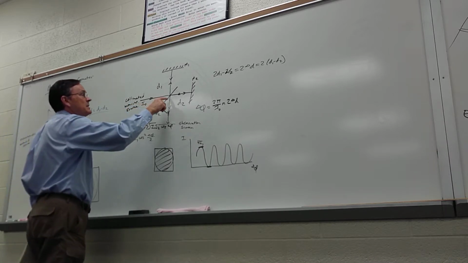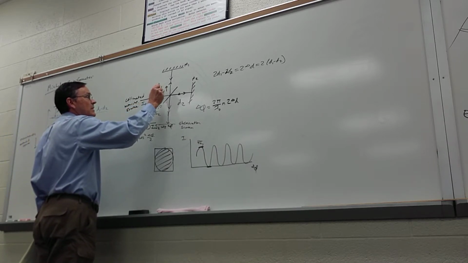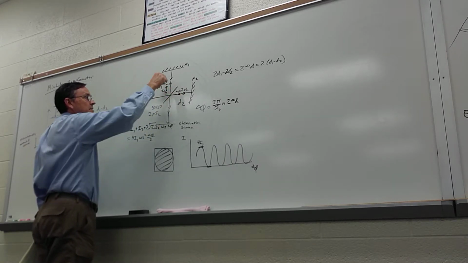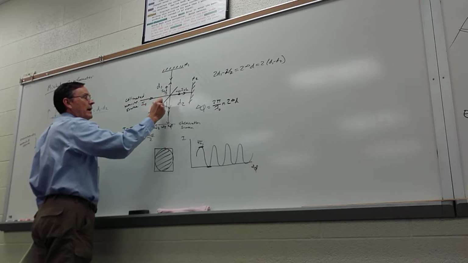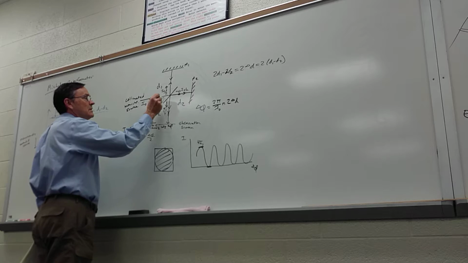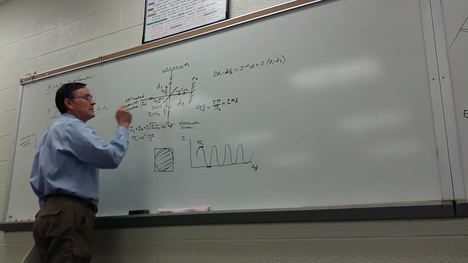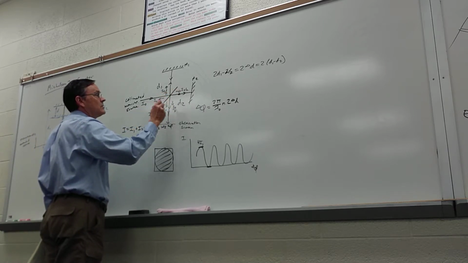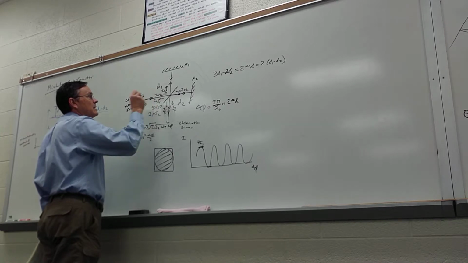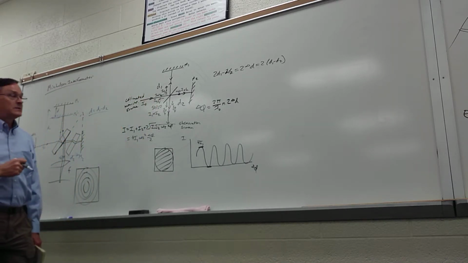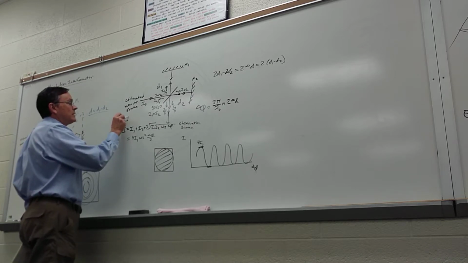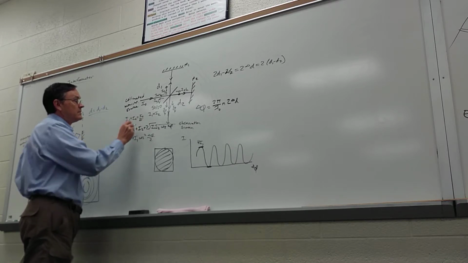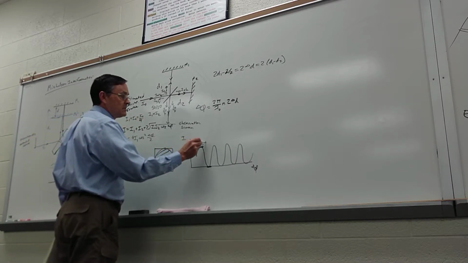If this is a 50-50 beam splitter, then in this direction we have I0 over 2, and in this direction we have I0 over 2. And then coming back, half of this I0 over 2 goes in this direction, half goes in that direction. Likewise for this one, half goes in this direction, so I0 over 4, half goes in that direction, I0 over 4. So apparently, I1, which equals I2, is I0 over 4. Therefore, this is just I0.